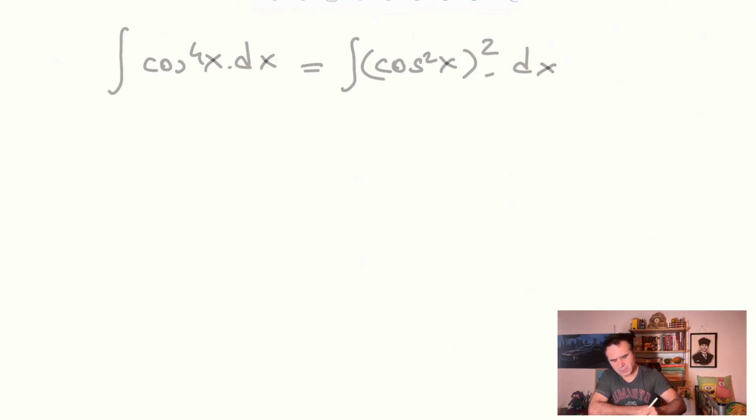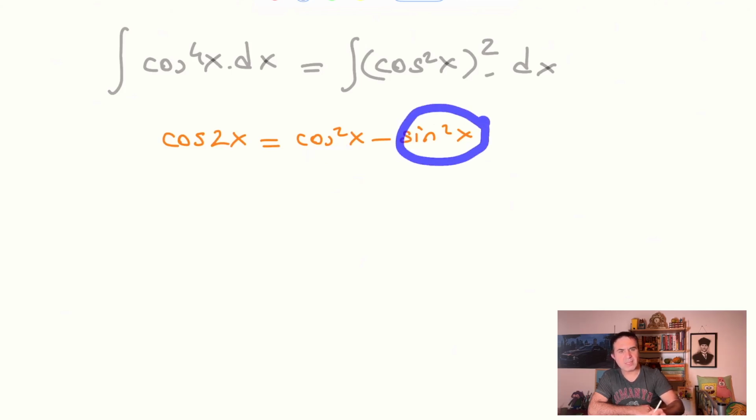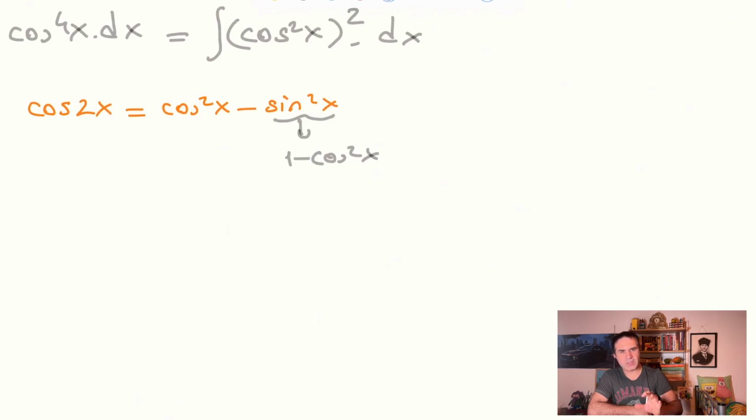We know that cosine of 2x is equal to cosine square of x minus sine square of x. But here I need cosine square of x. For that I will write 1 minus cosine square of x instead of sine square of x. How do I write it?